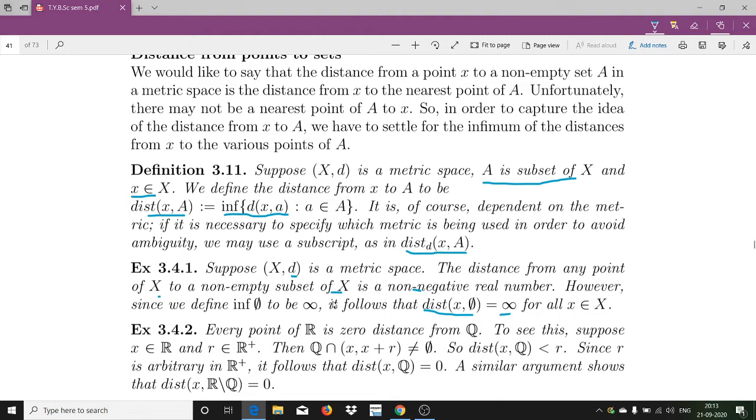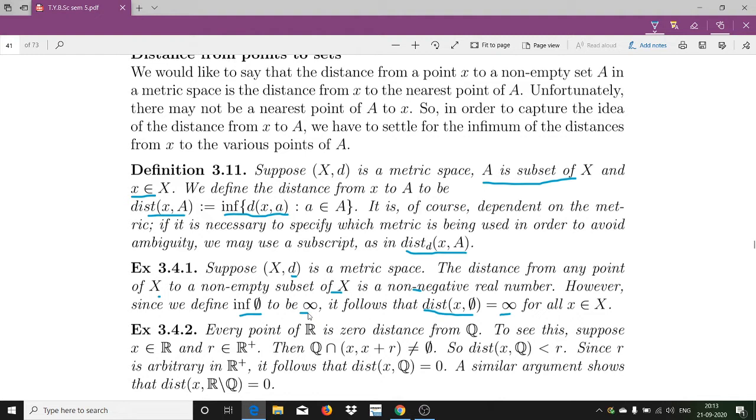I hope all of you know why we say that the infimum of the empty set phi is infinity. Because if you take any real number, say 2, 3, 4, 5, 6, the definition of infimum is the greatest lower bound. So every number can be accepted as a lower bound of the empty set because it does not have any element. Therefore, you can say the infimum of the empty set is infinity.